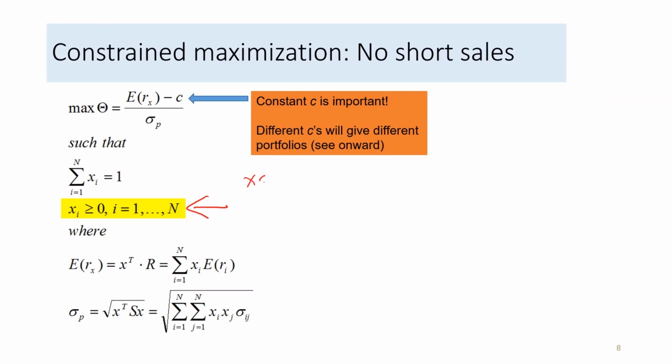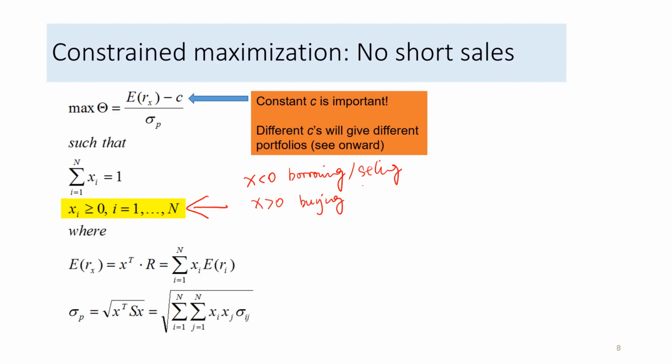If X is negative, we're saying that we're borrowing money from X. Another way of understanding it is we are short selling X. So if X is greater than 0, you're buying. If it's negative, it's selling.